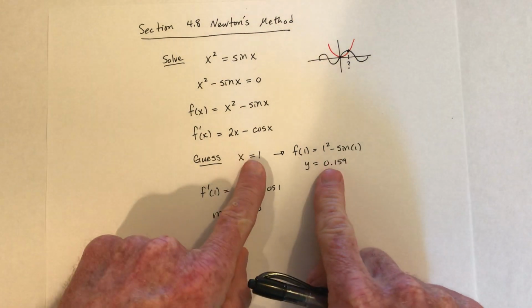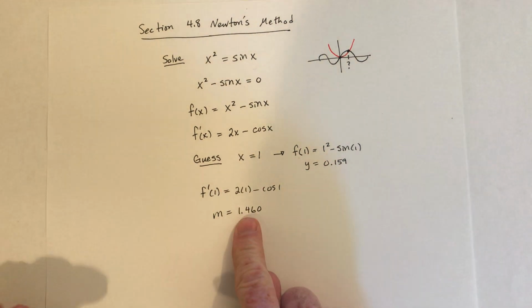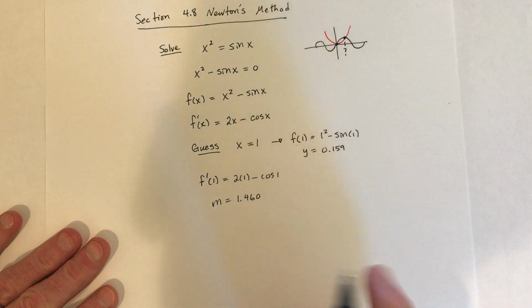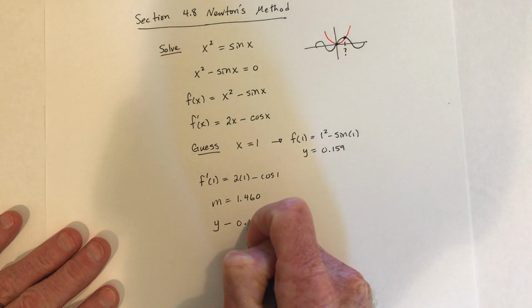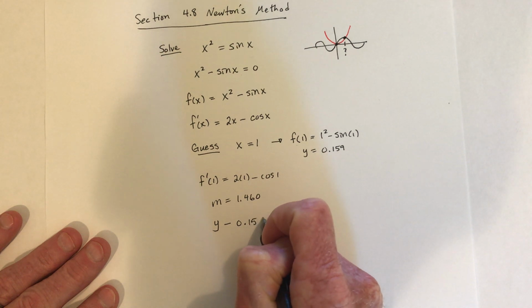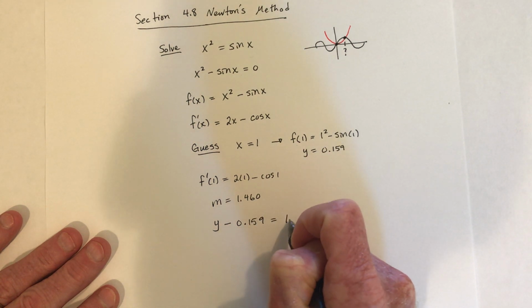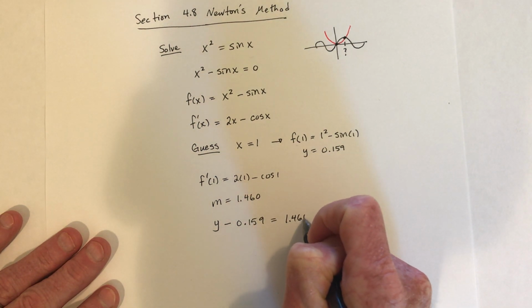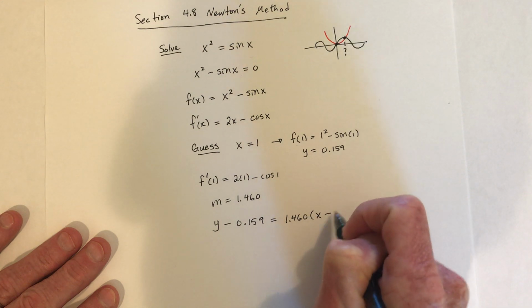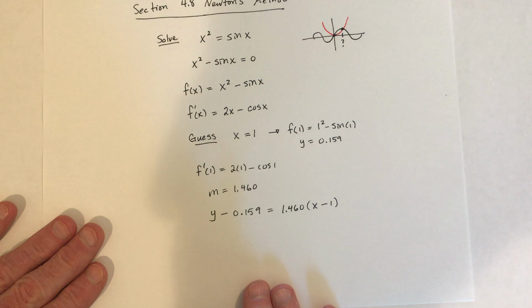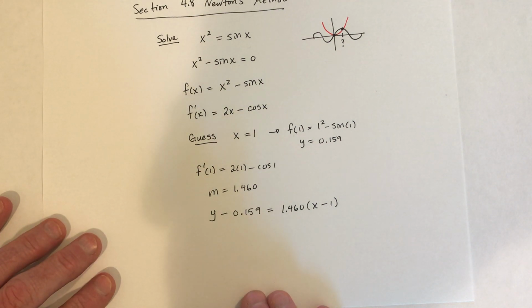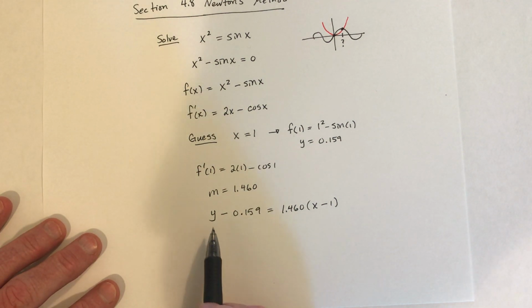So now we've got the point and we've got the slope, so we could find the equation of the line. So y minus 0.159 equals the slope times x minus the x value. And now we're trying to find out where the function equals 0, so you could set this y right here equal to 0.